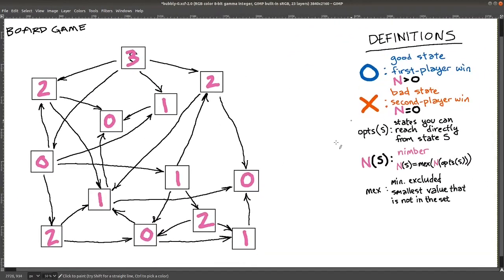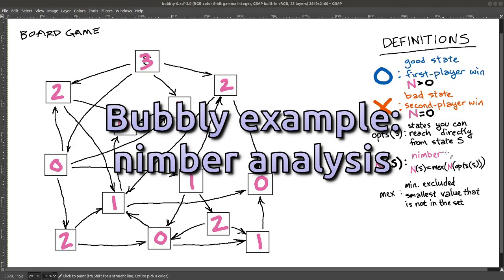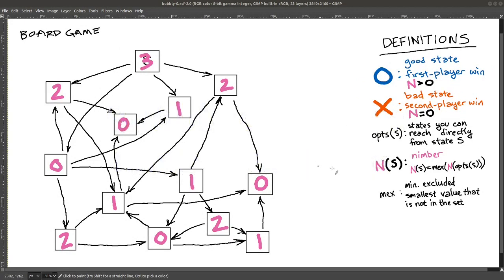Okay, great. So with this definition, we could define the nimber for every state in a graph of an impartial game. All right, so that's pretty good, but the real power of the nimber will become clearer if we actually use it to analyze a game of Nim.